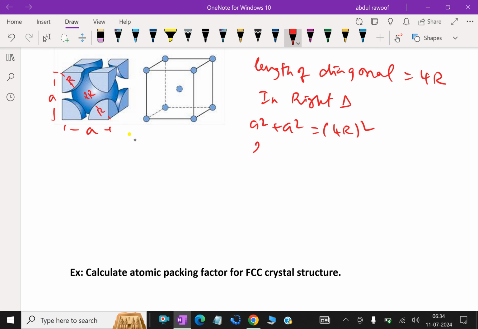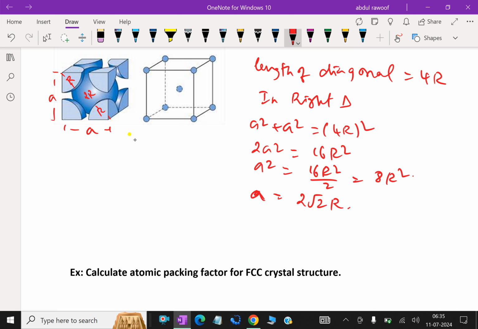Now 2a squared equals 16r squared. Then a squared equals 16r squared by 2, which is 8r squared. Therefore a equals the square root of 8 r, which is 2 root 2 r.